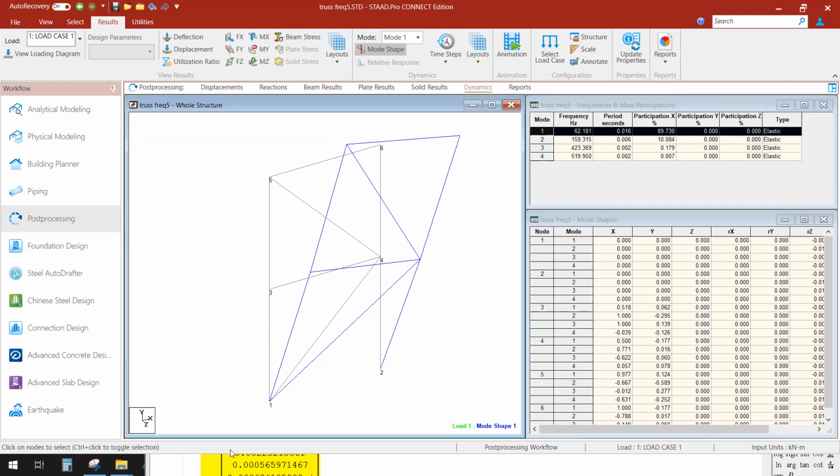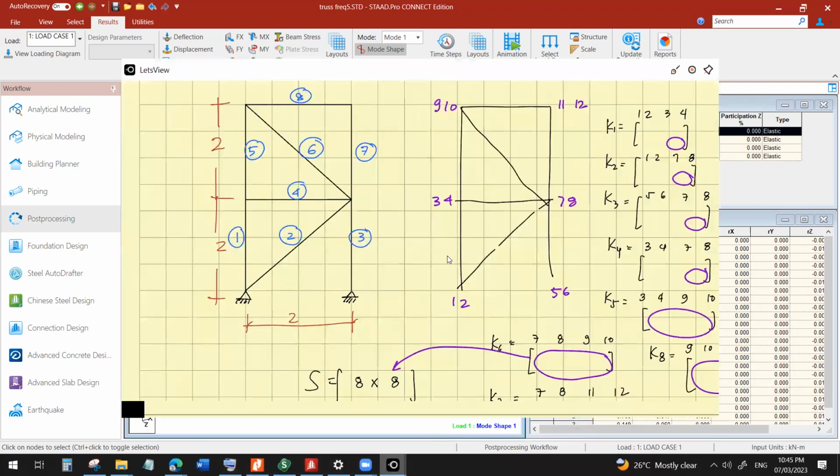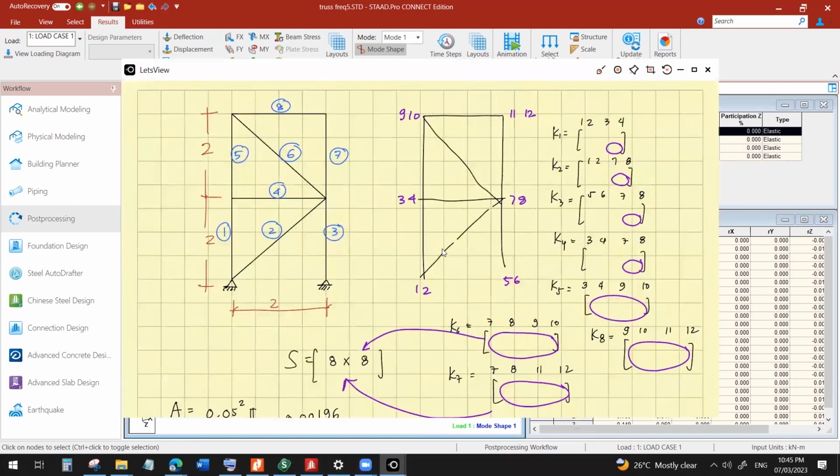So for example, yan. So ano ba yung total length nito? So we have how many twos? So we have 1, 2, 3, 4, 5, 6. So 6 times 2 is already 12. So length is 12 plus dalawang diagonal.